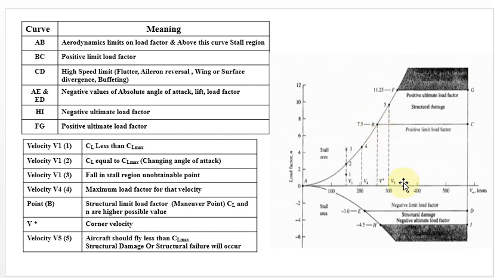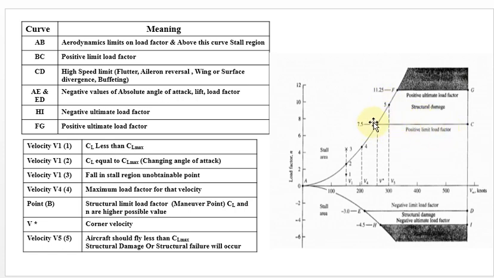Now you come to the next point, point number V5. This is my maximum load factor value, 5. But it falls under the structural damage area, because it goes beyond the positive limit load factor.